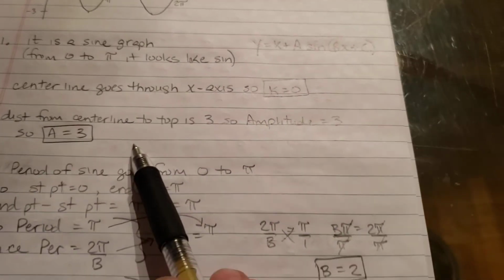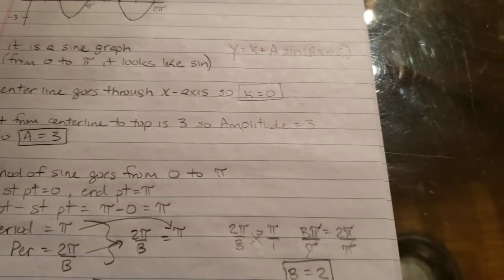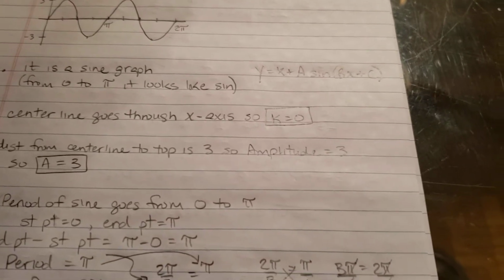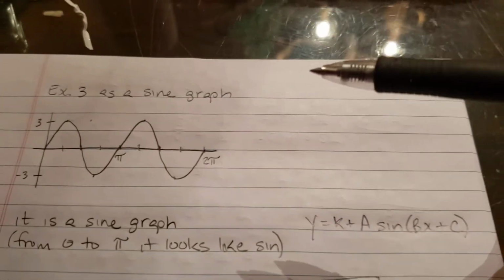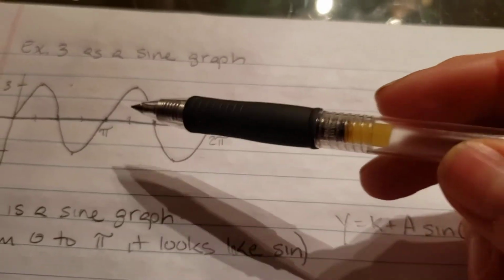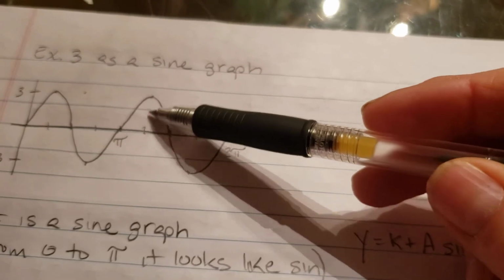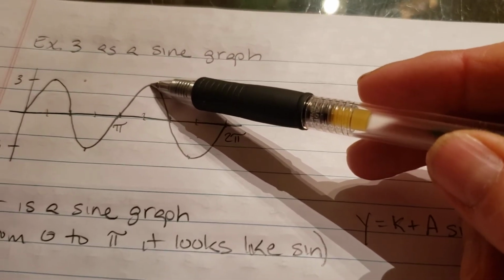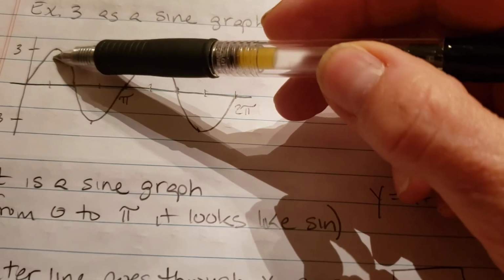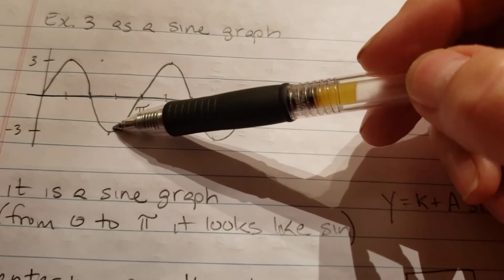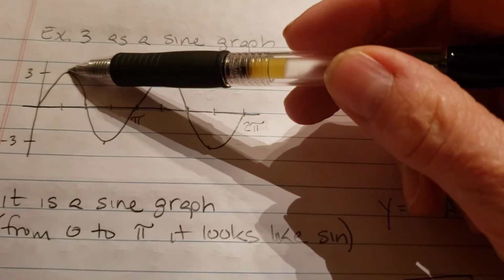Okay, now the next step, step 3, is to find the amplitude. The amplitude is the distance from the center line to the top of the graph. Another way you can do it is you can take the maximum value minus the minimum value and then divide by 2. Our maximum value is 3.